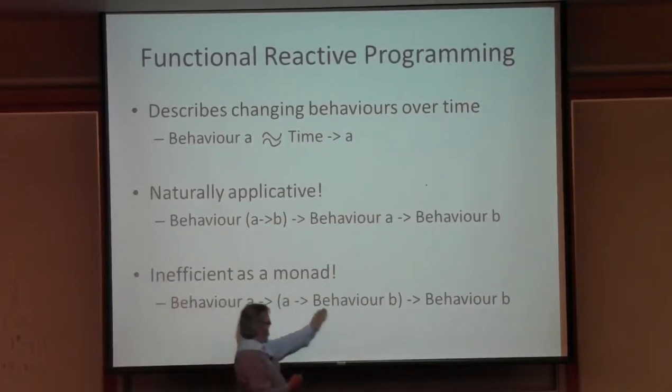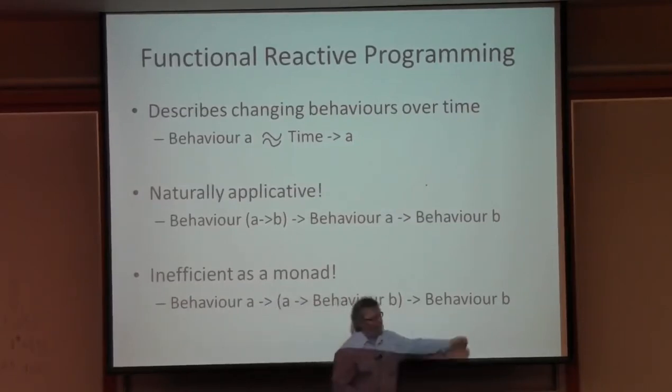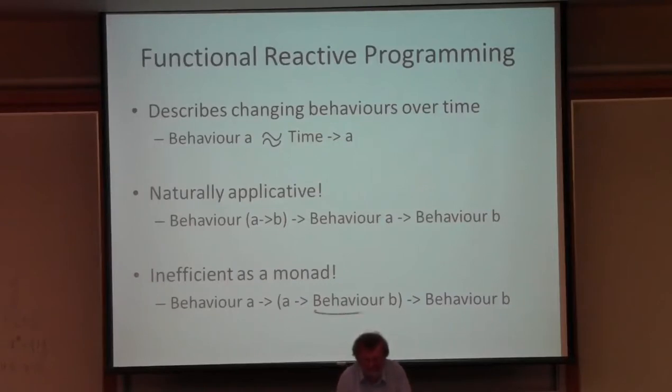Now construct this entire behavior, which will describe a behavior from time 0, and extract from it one data point. And that has turned out to give very, very inefficient implementations that use far too much memory, because they have to store far too much information to be able to construct that behavior, even though only a small part of it is needed.